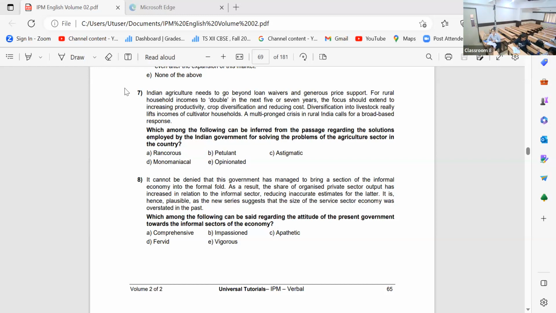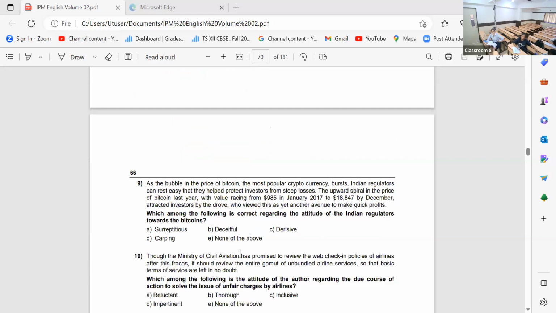Question number 9. Aditya, question number 9. I didn't know the meaning of any of these words. I couldn't figure out this answer. Deceitful? Come on, you must be knowing this. Yeah, deceitful I know, but I don't think the answer is deceitful. And derisive means you are making fun of it, but maybe either of A or B, I don't know.